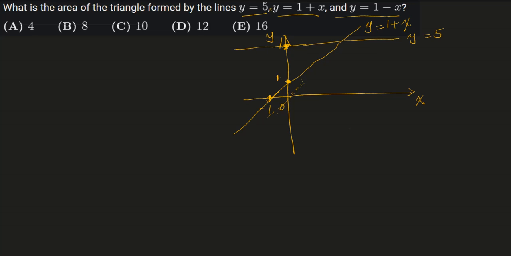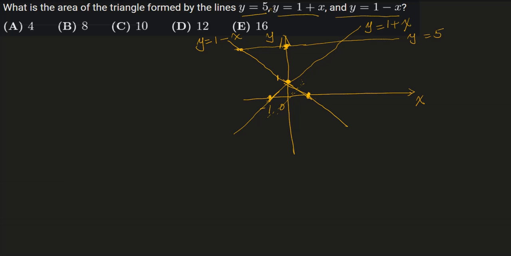When y equals 0, x equals 1. So the intersection on the x-axis is here. So we connect these two points, right? Alright, so this line is y equals 1 minus x.